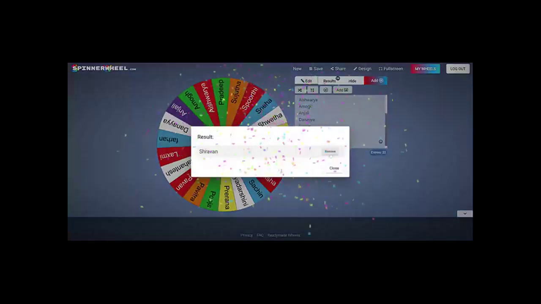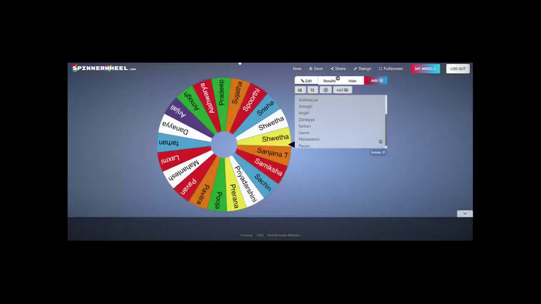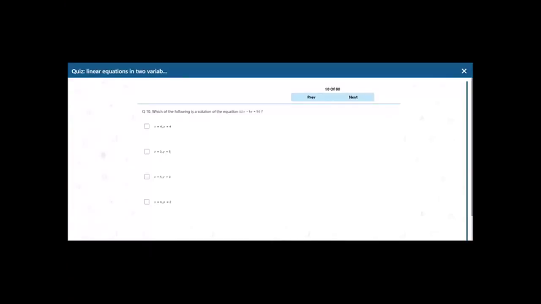Now let's see who will get the question. Shravan? Yes, ma'am. Your question. Which of the following is a solution of the equation 12x minus 5y equal to 50?